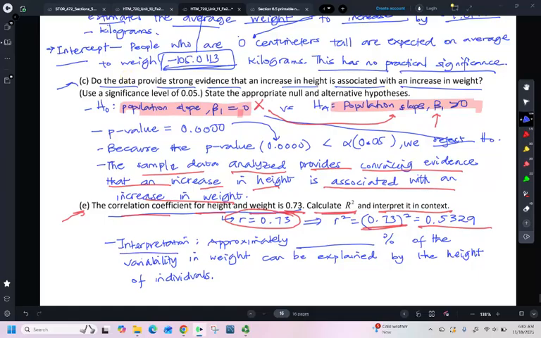The interpretation is that approximately 53.29% of the variability in the response variable weight can be explained by the explanatory variable height, which is the height of individuals.